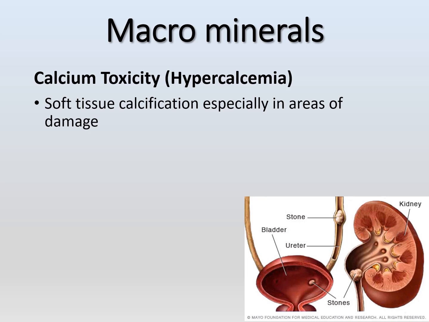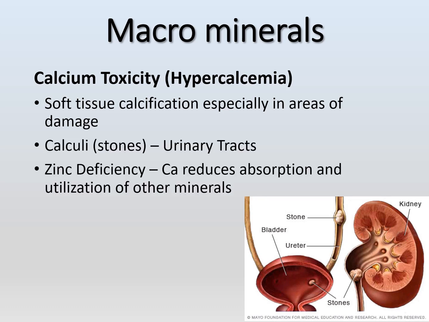So the disorders that we've been talking about are due to low amounts of calcium, but what happens if we have too much calcium? And that's called hypercalcemia instead of hypocalcemia. And it's also called calcium toxicity. So if you have too much calcium, what starts happening is that your soft tissues start to calcify.